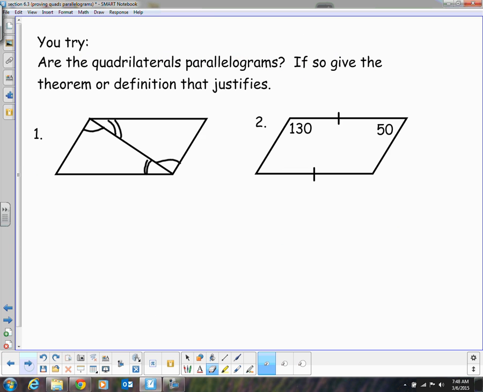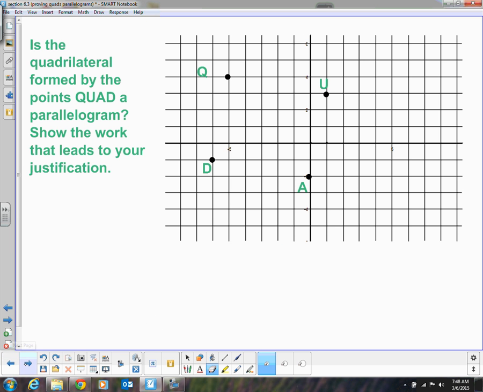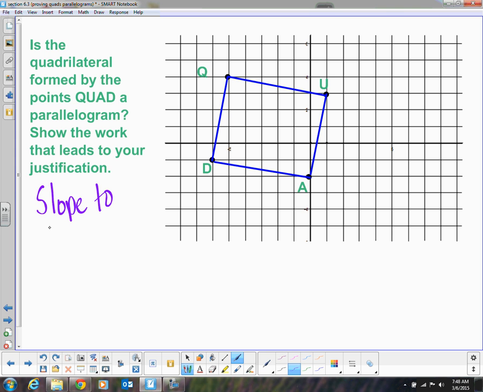Okay, so now let's see what we are. Is the quadrilateral formed by these points a parallelogram? So, based on what you've just seen, and this is probably the most important part, you're going to be using either distance formula or slope, okay? You can use slope to show both pairs of opposite sides parallel.